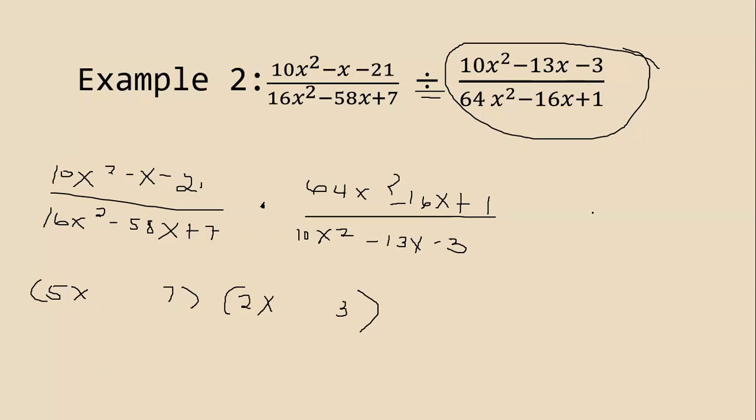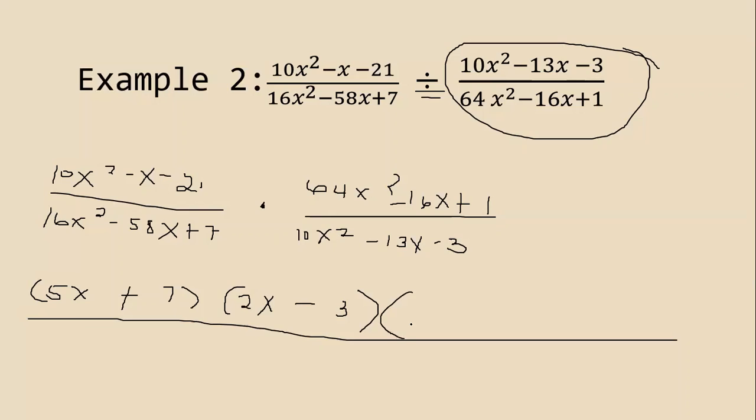Trial and error lang po. And then kung ano po yung, kung 5x times 3 is 15x, 7 times 2 is 14x. So 15 and 14, 15 minus 14, we have 1. So dito ko po ilalagay ang negative. Trial and error lang. And next, 64.